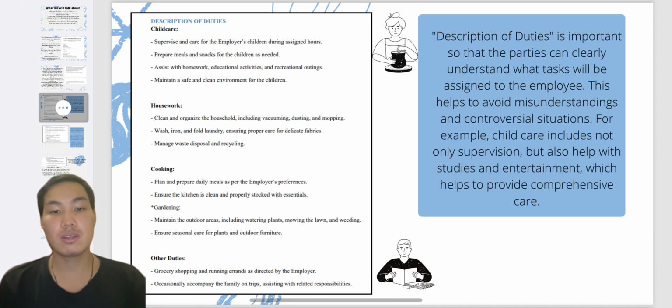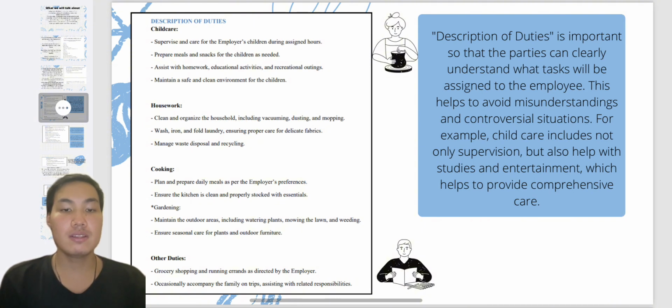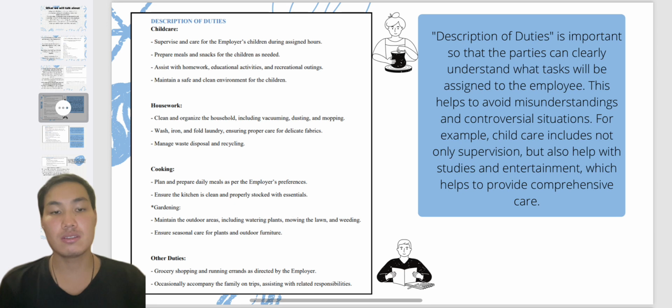Cooking and kitchen maintenance are precisely prescribed to ensure that the employer is satisfied with the nutrition and cleanliness in the kitchen. Taking care of the garden will help to maintain the appearance of the house and garden in order. And finally, writing down other responsibilities such as shopping and travel assistance helps to ensure clarity about what an employee should do in addition to basic duties if such tasks arise.